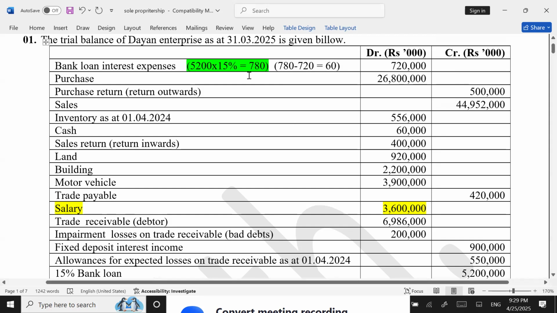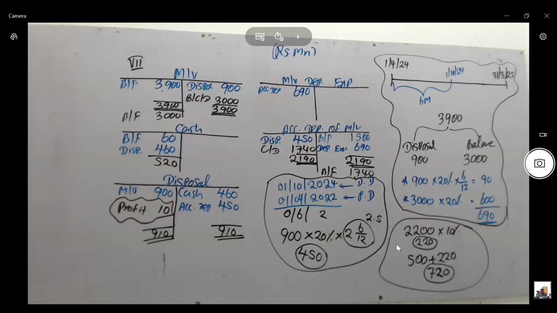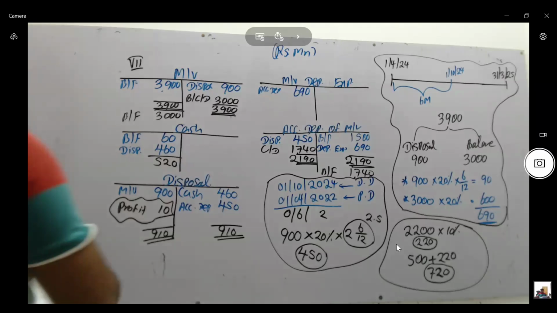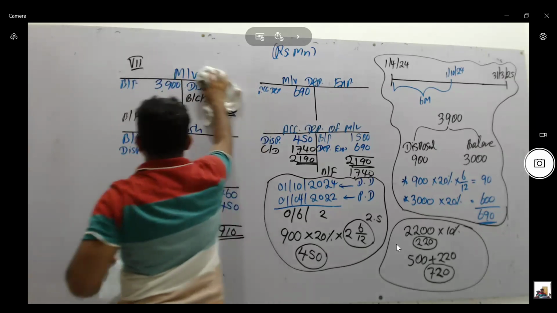Based on that value, you have to calculate 15% for the loan interest, and as accrued loan interest you have to consider the difference value. The trial balance also gives the loan interest. Think about how to prepare workings. At the same time, think about the fixed deposit as well. Fixed deposit and bank loan are available, and the loan interest paid amount is also given.